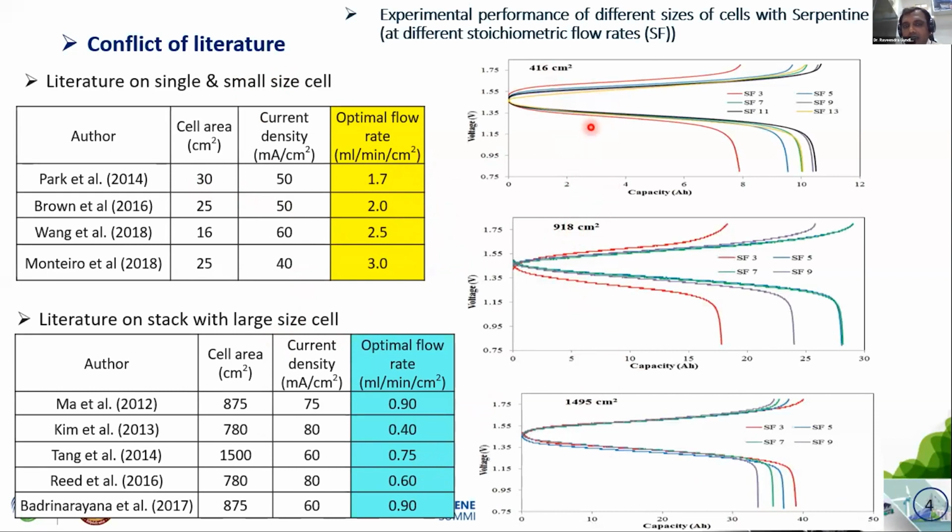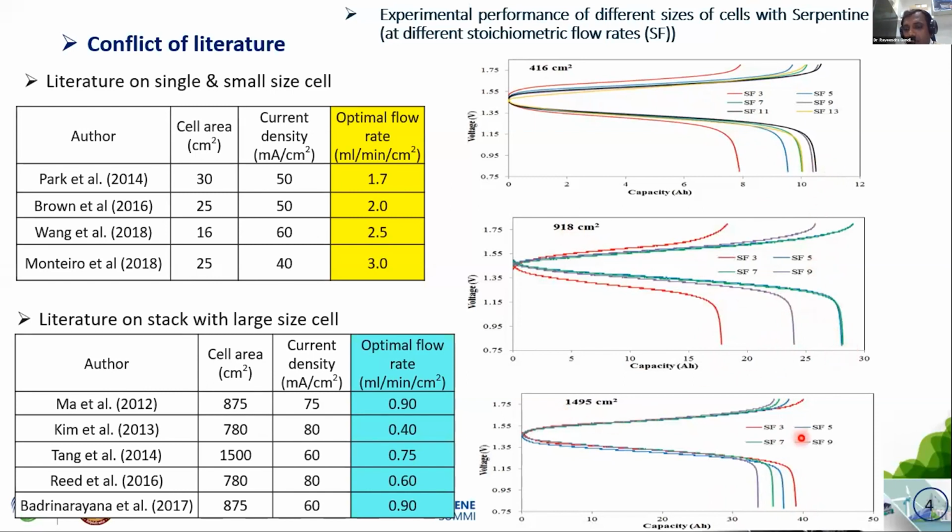These are cells designed at laboratory scale. When we see them, there are different optimal stoichiometric flow factor requirements, and the trajectories of how they affect the flow rate and how much capacity we acquire per liter are different in different cells. So there is no linearity. Whatever we have at SF11 is very good for that cell, but for 900, SF7 itself is very good.